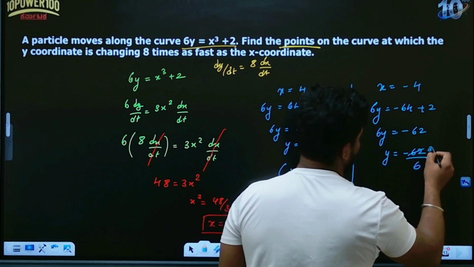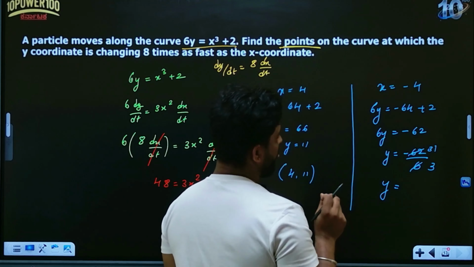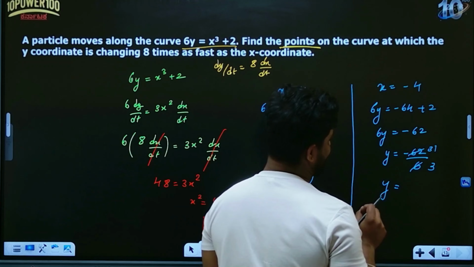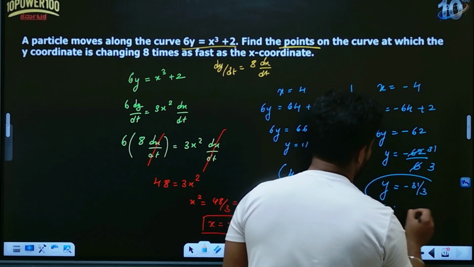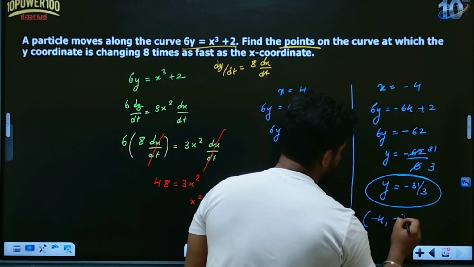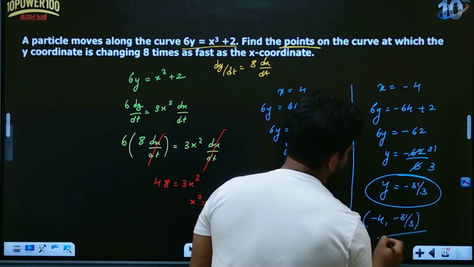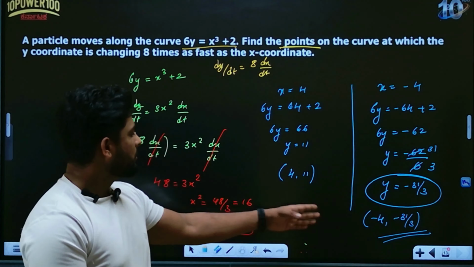So y is equal to -31 by 3 ಅಲ್ವಾ, ಮೈನಸ್ 31/3. ಓಕೆ, ಸೊ ಇದನ್ನ ಬರೆಯೋಣ. ಸೊ (-4, -31/3) ಆಯಿತು. -31/3 ಅಂದರೆ 10 ಪಾಯಿಂಟ್ ಸಮ್ಥಿಂಗ್, 10.33 ಸಮ್ಥಿಂಗ್. ಓಕೆ, ಸೊ ಇಷ್ಟು ಬರೆದ್ರೆ ಸಾಕು.